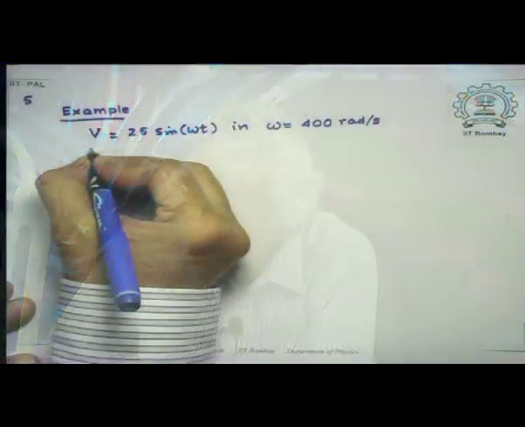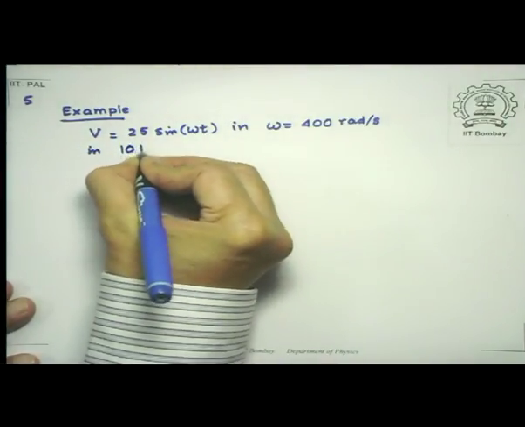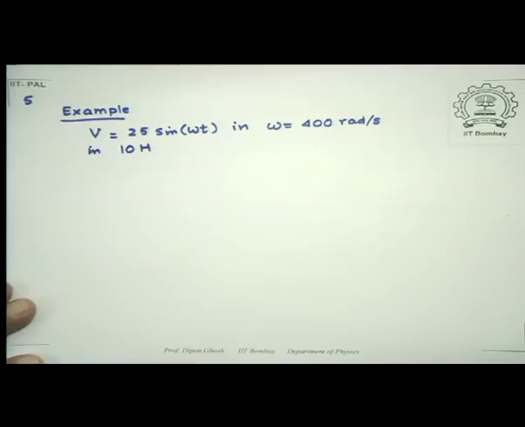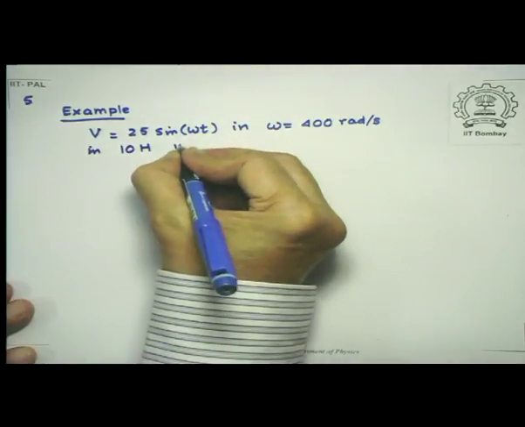This is approximately the type of radian frequency that you would get for a supply which is slightly more than 60 hertz, because corresponding to 60 hertz, omega turns out to be about 377 radians per second. But this we are taking simply because it helps easy calculation. So this is a 10 Henry, with a rather large value I have taken, but again for simplicity, 10 Henry inductor.